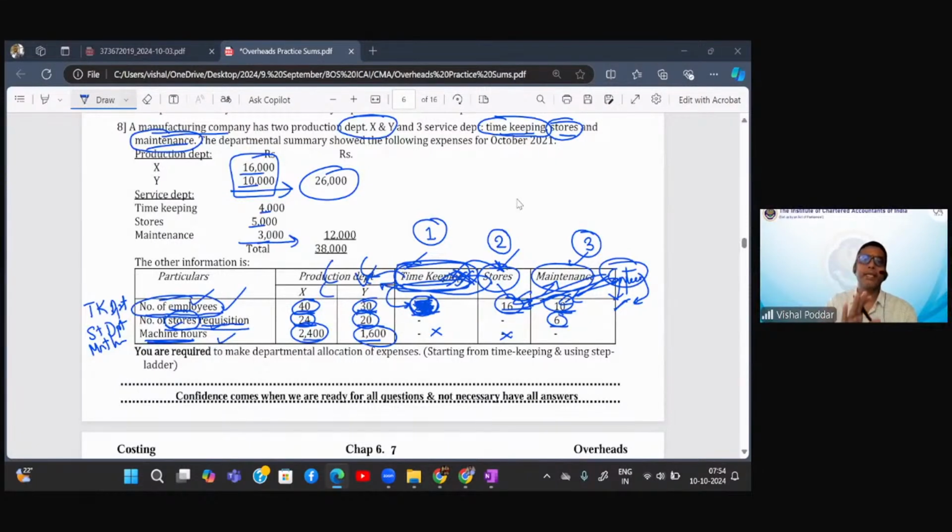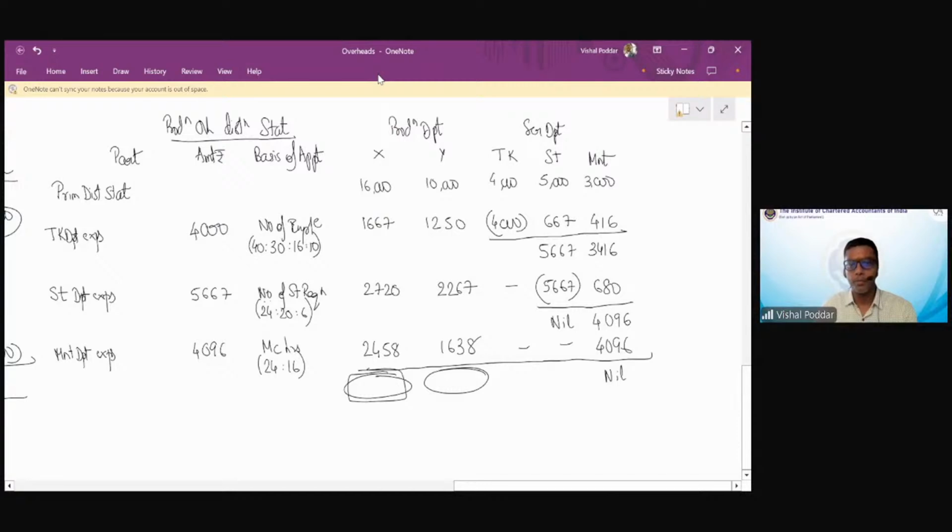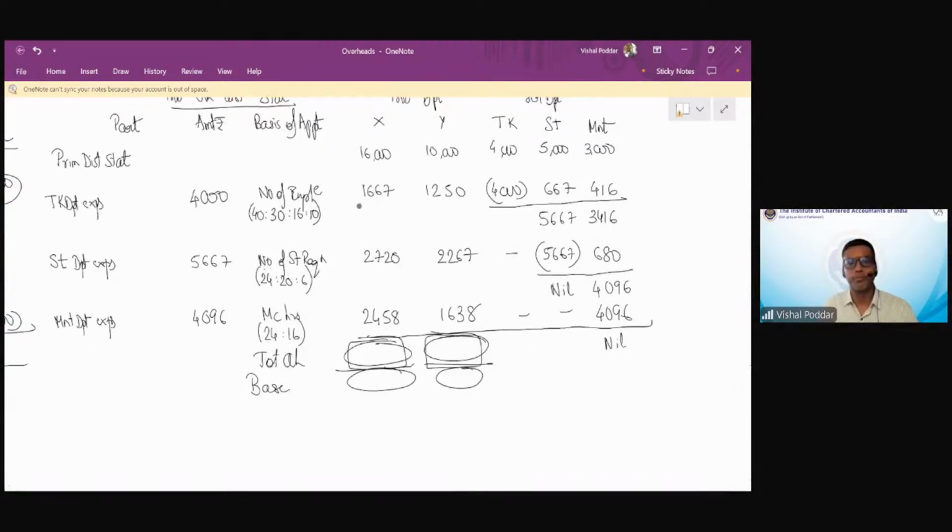Now after second redistribution, we only have expenses in the production department, as we have seen in all these sums. Now what we do at this stage after secondary, we find out ORR. How do we find out ORR? Simply, for every expense, now you have department X expense, department Y expense. This is now the total overheads of each department. We will select a suitable basis, whatever it is, and we will divide the expense by that base so that we get the ORR, overhead recovery rate, for each department.